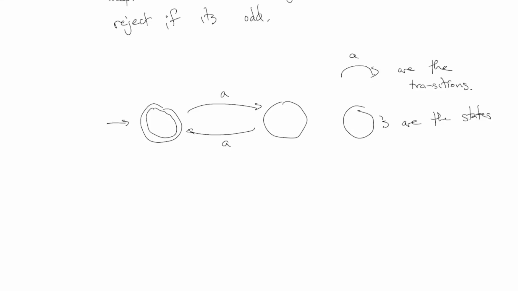The finite means there are finitely many states, so a DFA cannot have infinitely many states in the diagram. And then that circle with the extra business going on is called an accepting state. And the other one is a rejecting state.